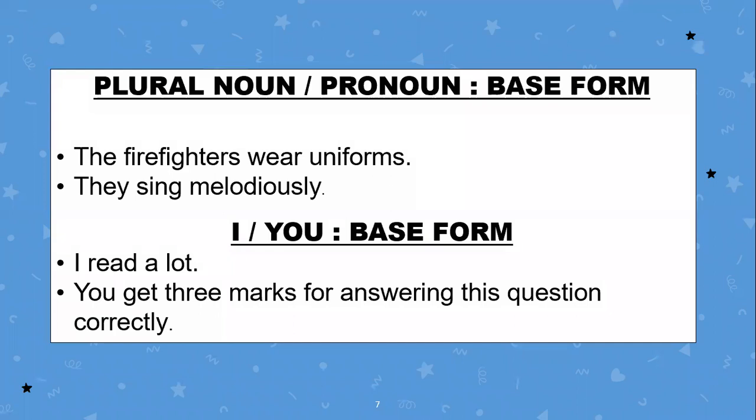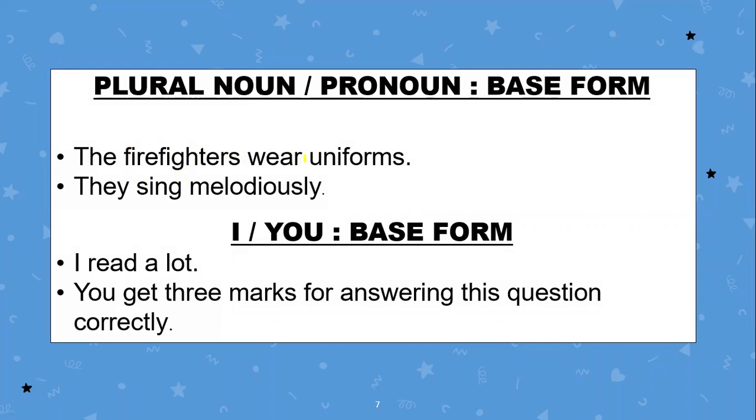Plural. Plural noun or pronoun is equal to base form. Look at the sentence example. The firefighters wear uniforms. Here firefighters means many firefighters, so we don't have to put s here.